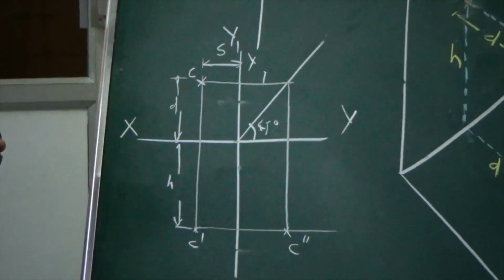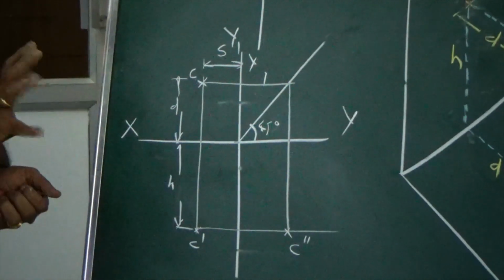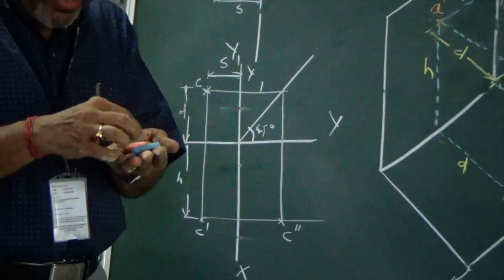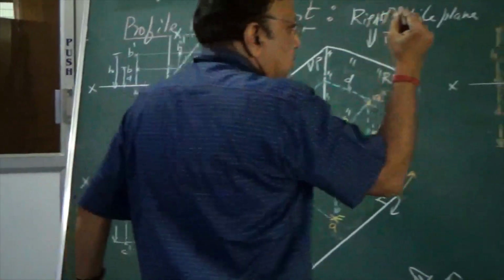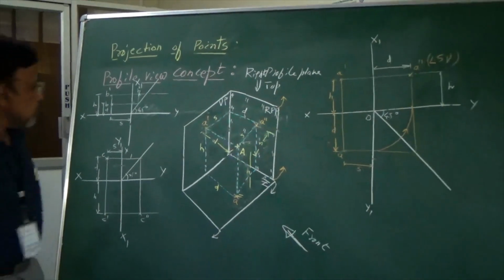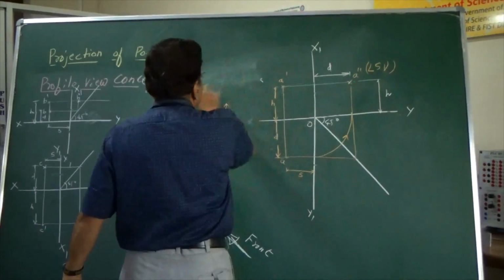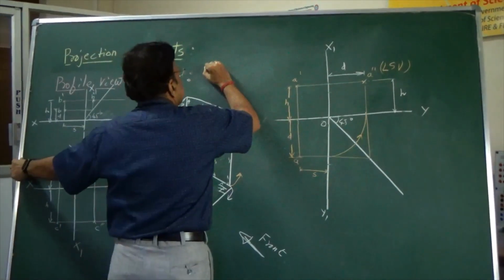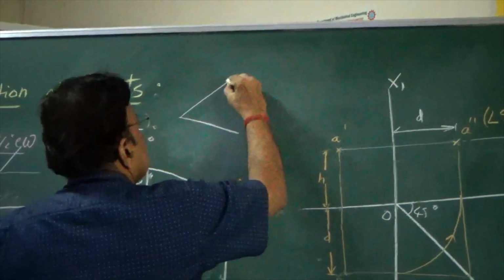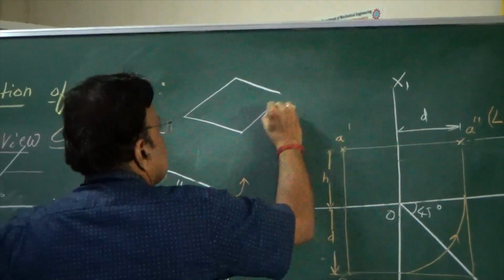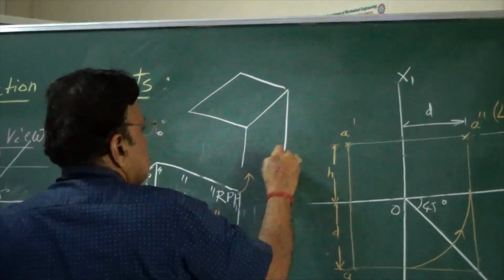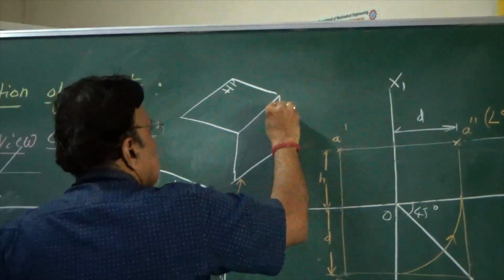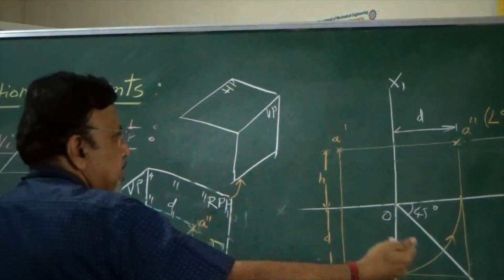Okay, now if I consider the problem in the third quadrant, then what will happen? We know that always the plane will be in between. Now since the plane is in between, okay, now let us say view from the front.